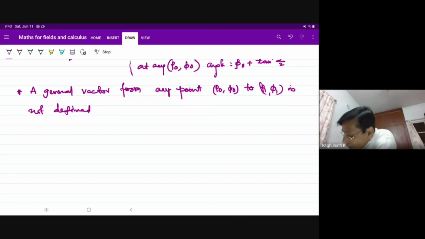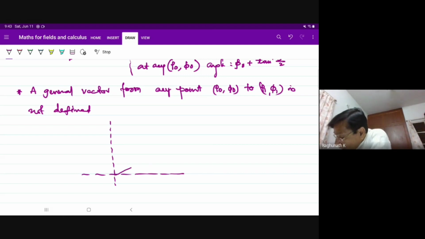Here, just consider, I don't want to spend much time here because it's straightforward for us. Let us suppose this is rho naught, phi naught. This is the point rho 1, phi 1.